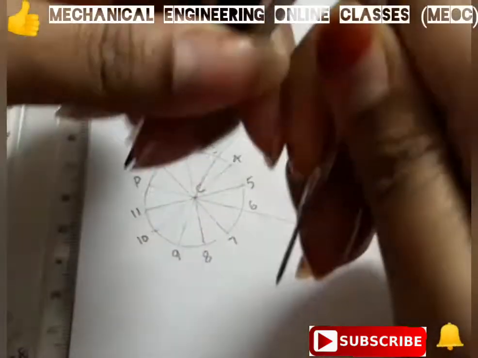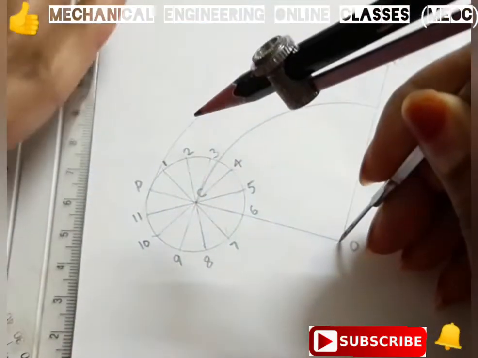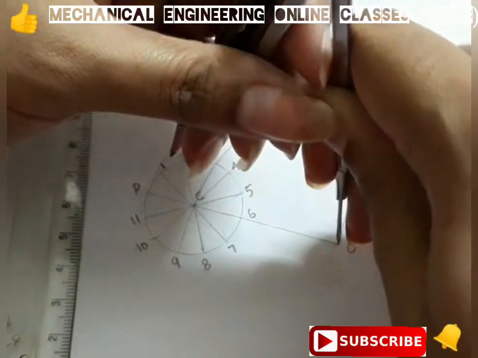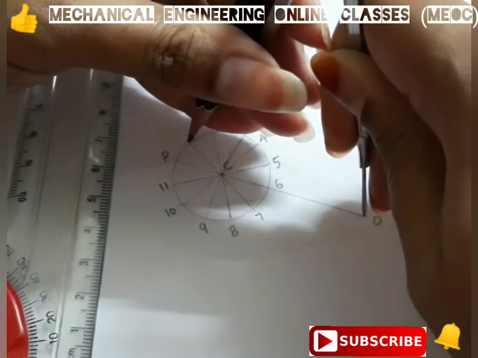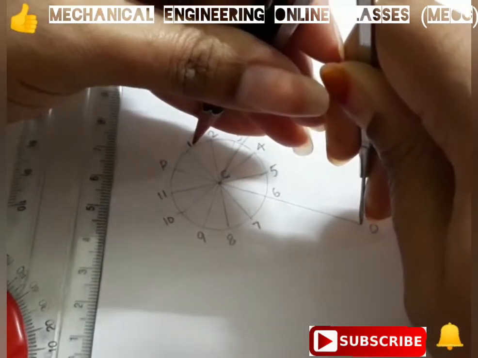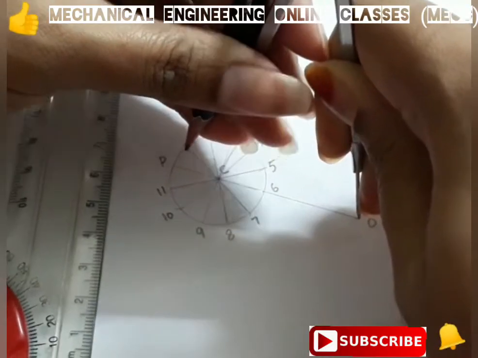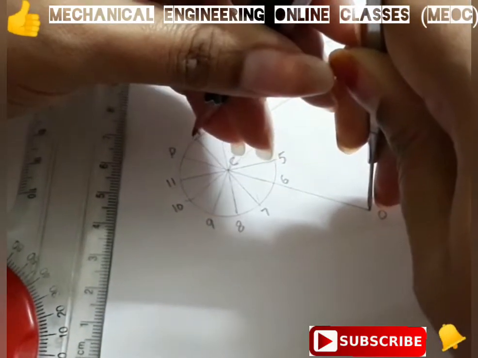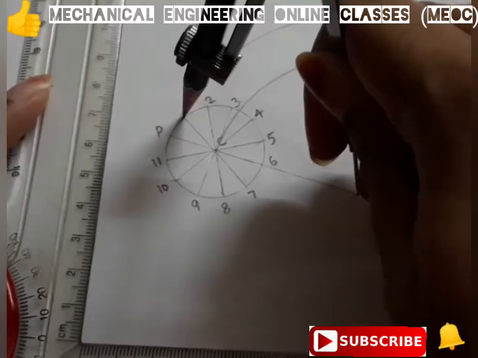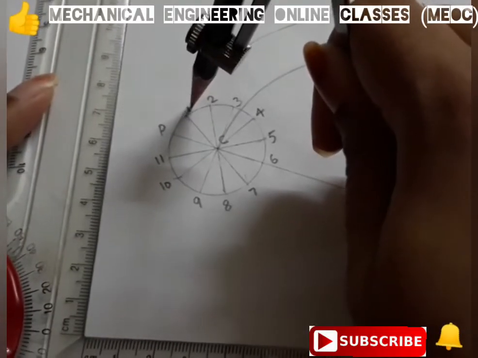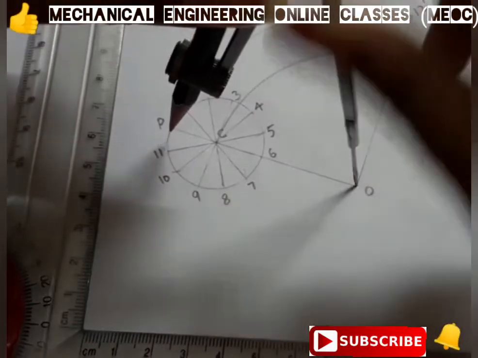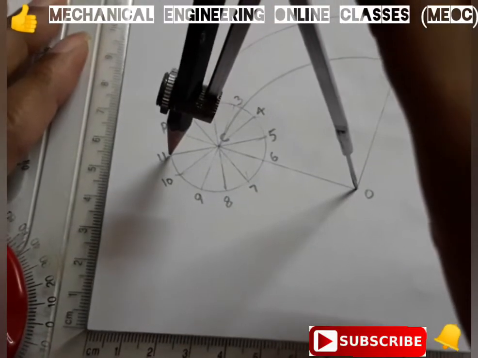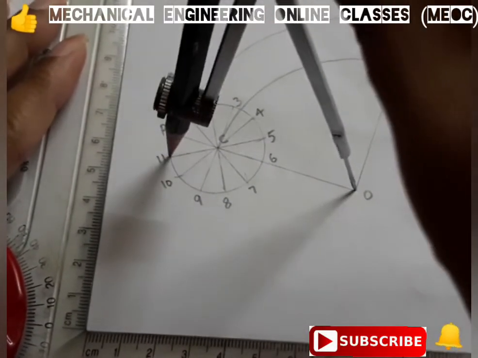Similarly, I will set my compass radius to O1 and draw another arc from center O, and the same arc will also pass through point 11.